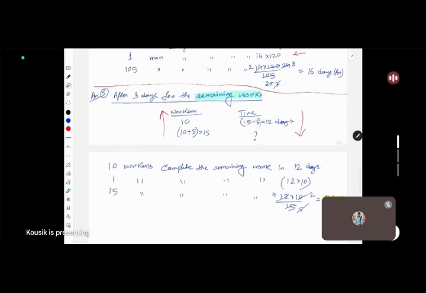So for the total work completed, the answer is total 11 days: 8 plus 3 equal to 11 days. So this is our answer. This kind of question is very important. I will give another question. এবং similarly একটা question দেব, ঠিক আছে?